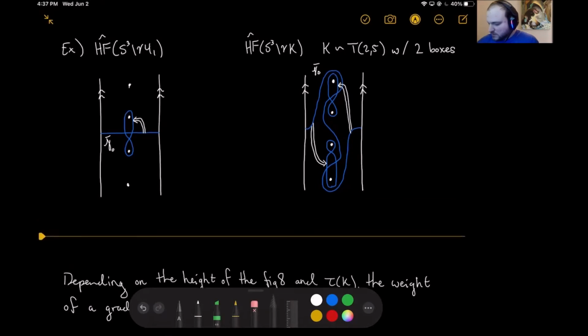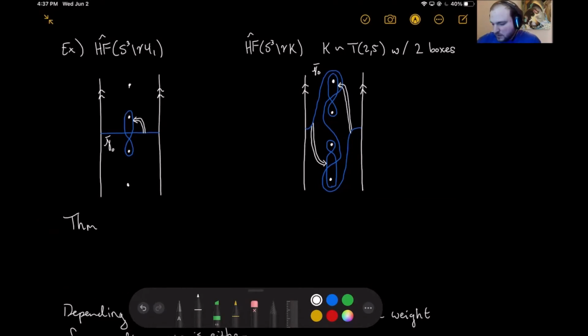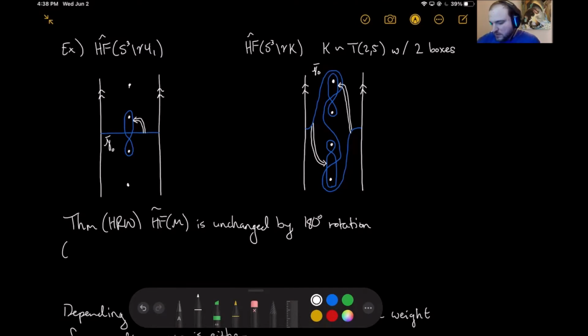So this is a theorem due to Hanselman, Rasmussen, and Watson that the curve invariant for a manifold with torus boundary is unchanged by 180-degree rotation, or more specifically, this is the action of the hyperelliptic involution on the boundary torus with marked point removed.